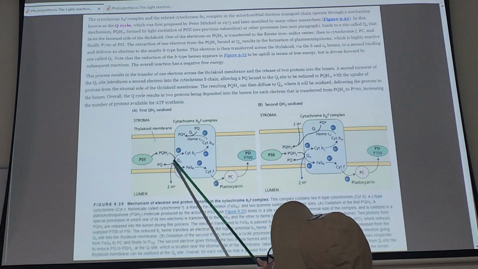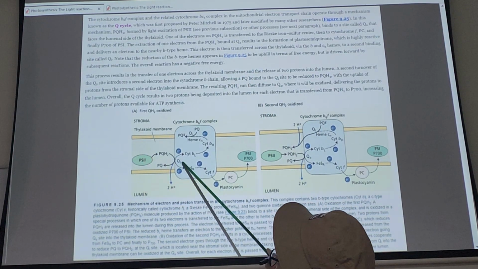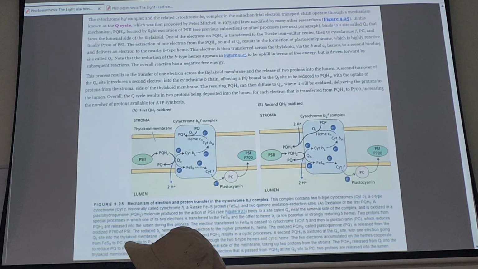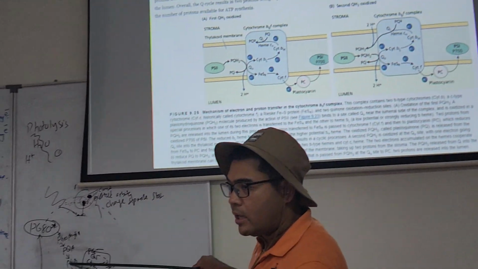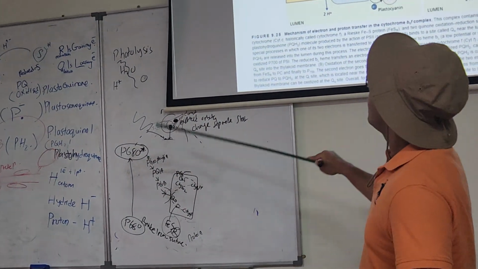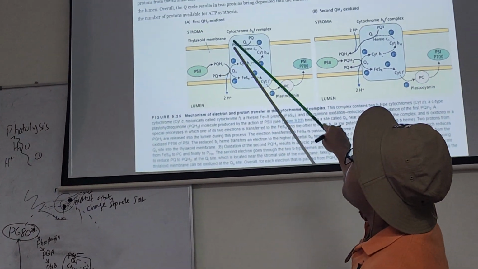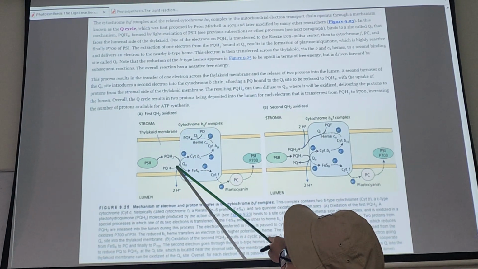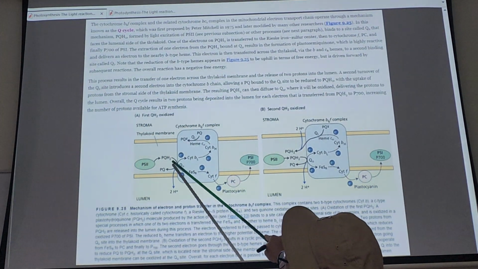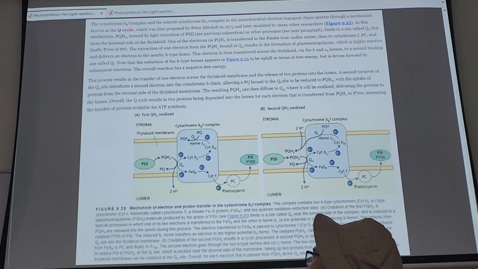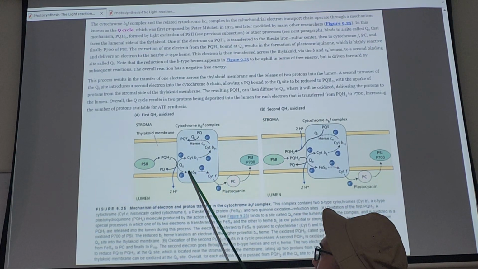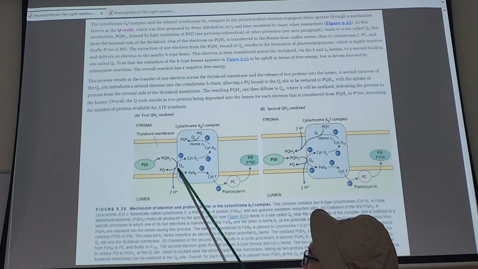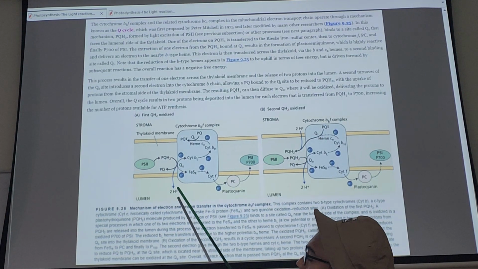Number one, over here, just before the entrance into the cytochrome B6F. PQB, after PQB is PQH2, plastoquinone. Or it can be formed at the top of cytochrome B6F. If it's formed due to the Z scheme, the moment it gives off the electron to the Q0 site of cytochrome B6F, the hydrogen is released to the lumen.